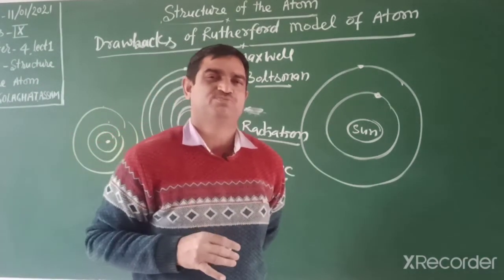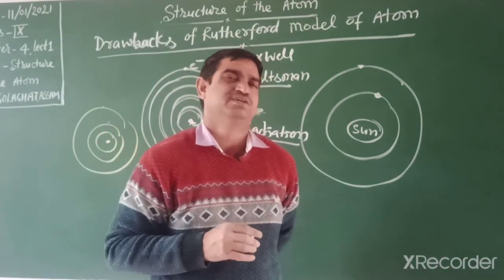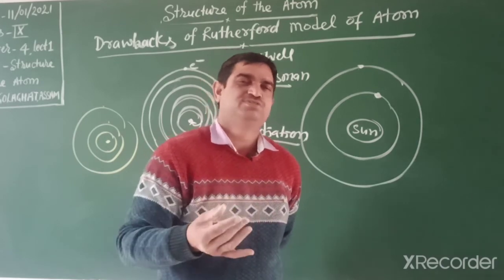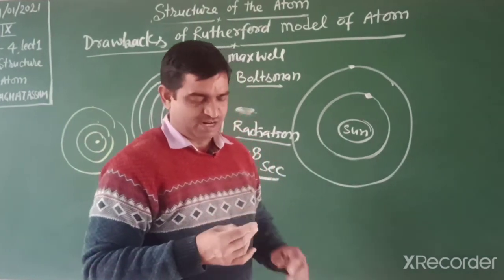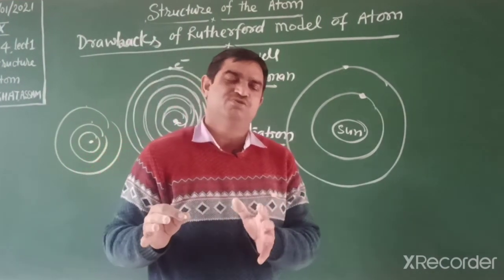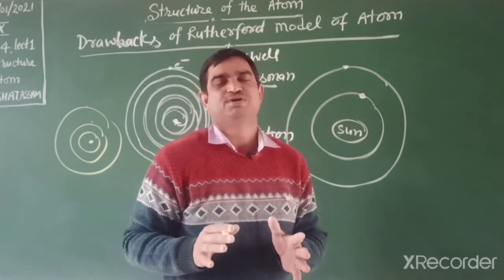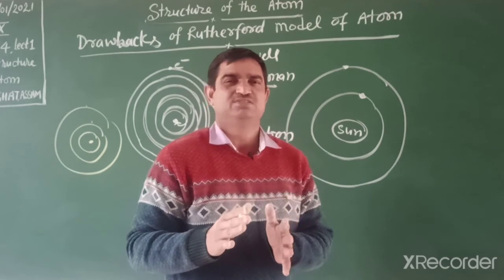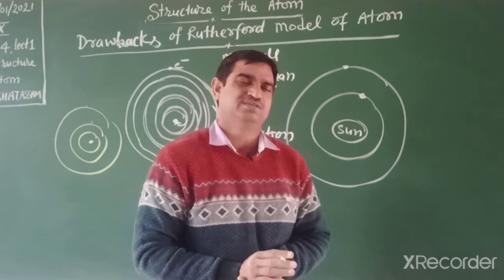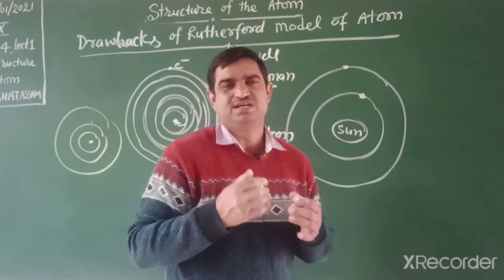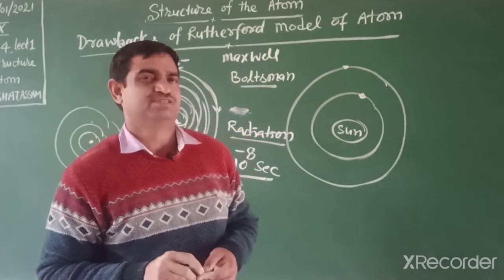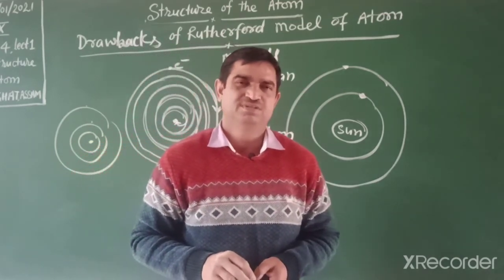He could not explain the energy of the electron. The fourth limitation: he could not explain the hydrogen spectrum. What is a spectrum? When white light is split up into 7 colors. In detail, you will study these limitations in 11th class.